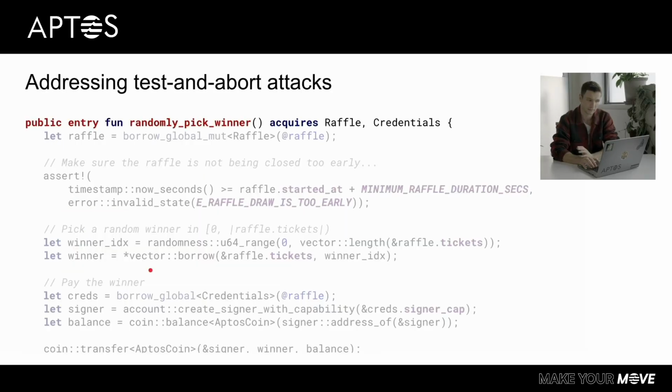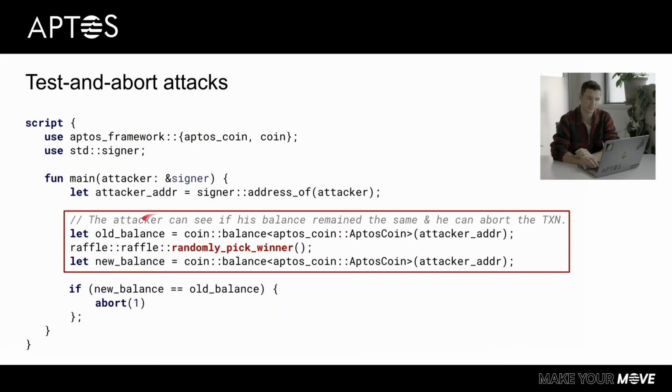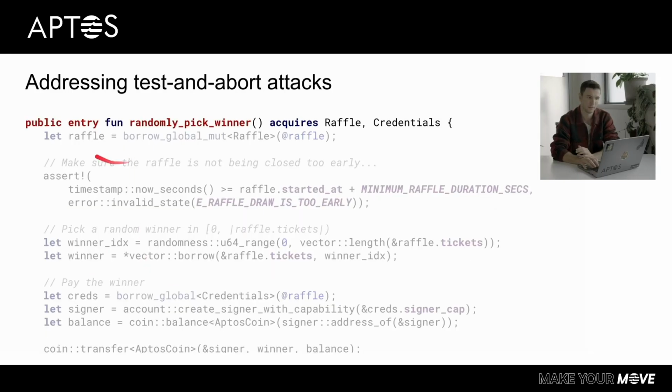So how do we fix this? A very simple fix is to change the public entry modifier of the randomly pick winner function into a private entry function modifier. This ensures that this kind of wrapping that I showed you cannot happen in Move, by moving it from public entry to private entry.